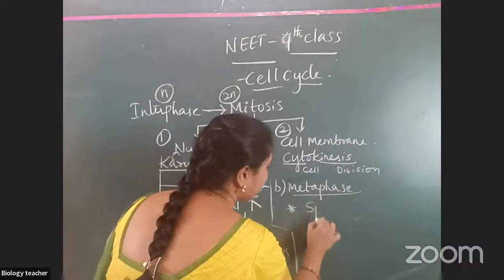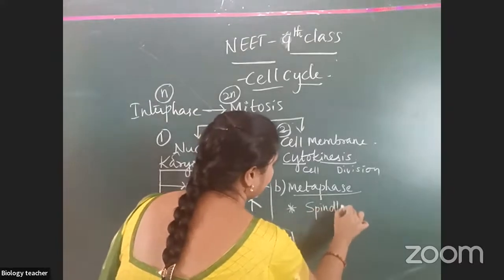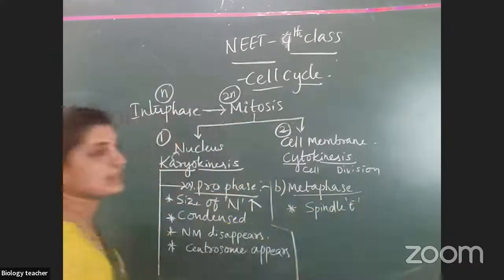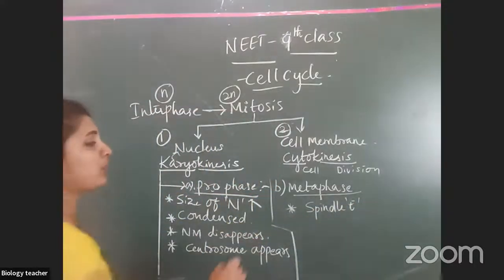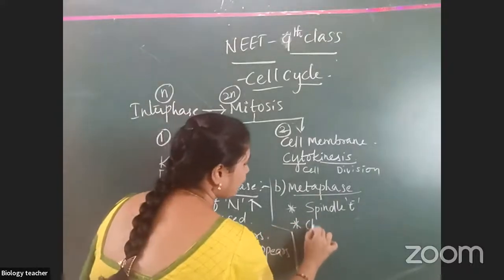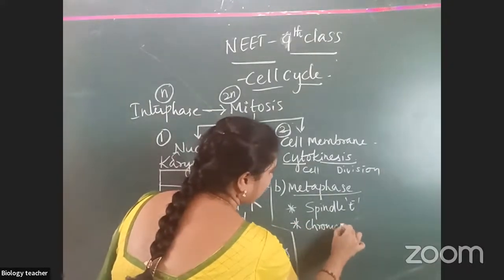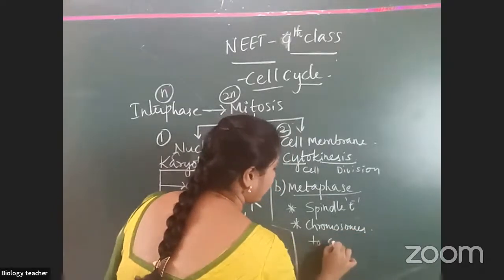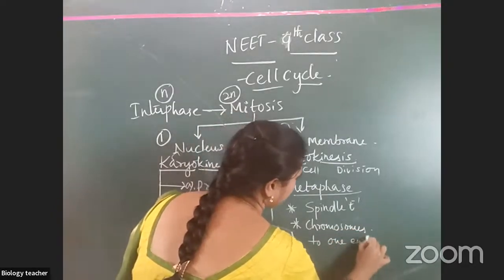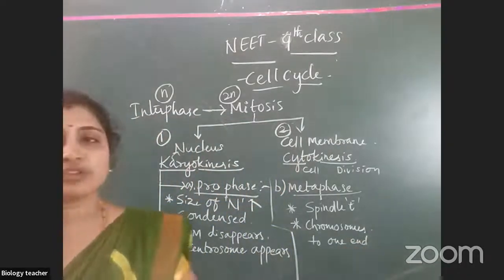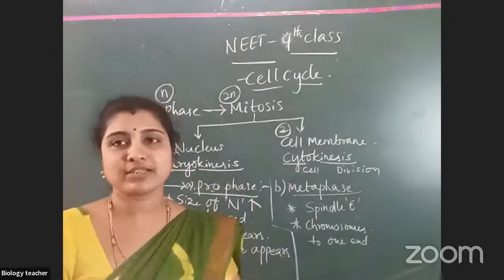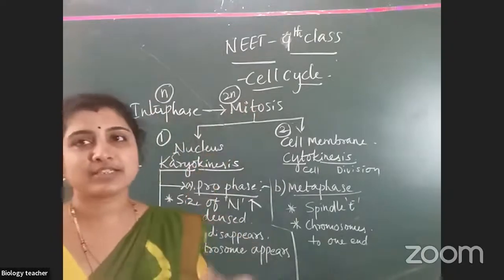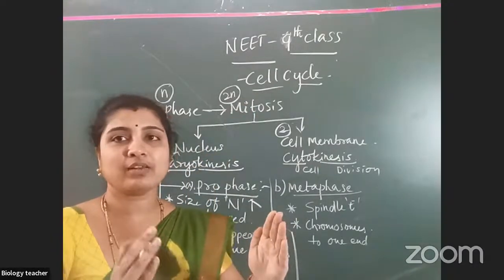In metaphase, the spindle equator is produced, and chromosomes are paired and go to both ends. Two sets are present: one original, one duplicate.